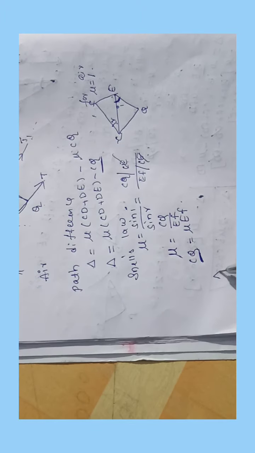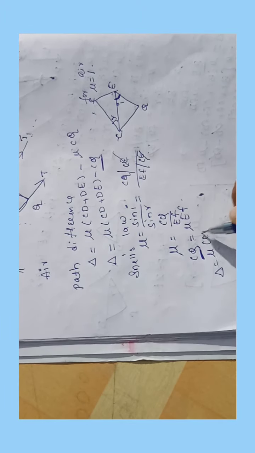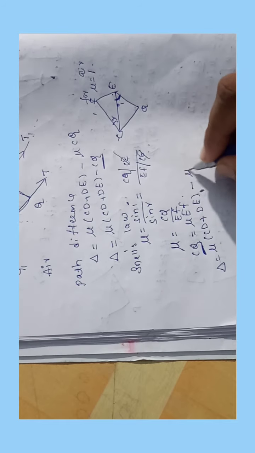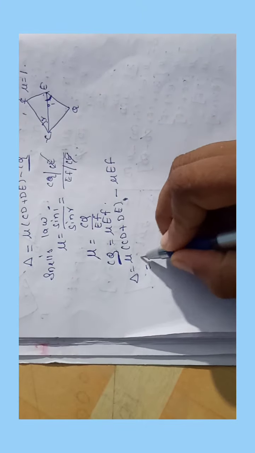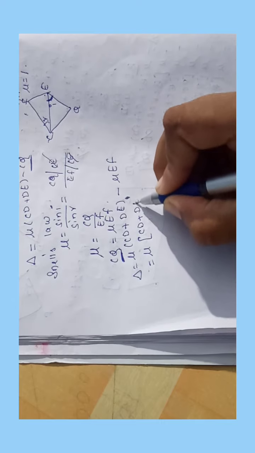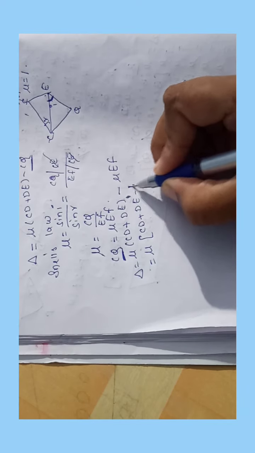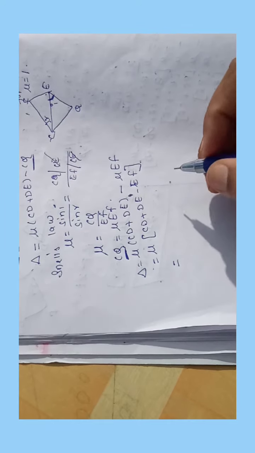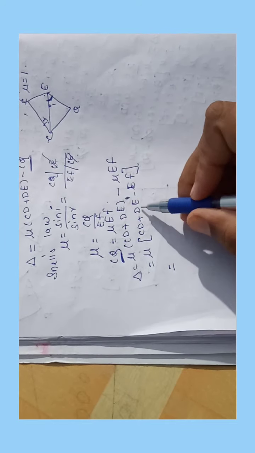Now let us substitute this here. Delta equals mu CD plus DE minus mu EF, right? Now taking mu as common, CD plus DE minus EF. Next, let us write the value of DE.